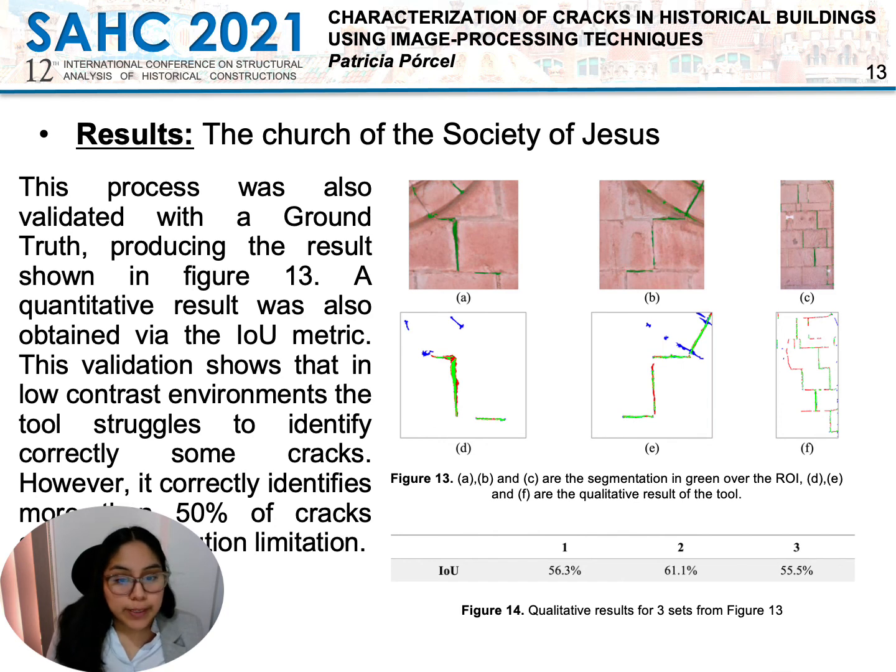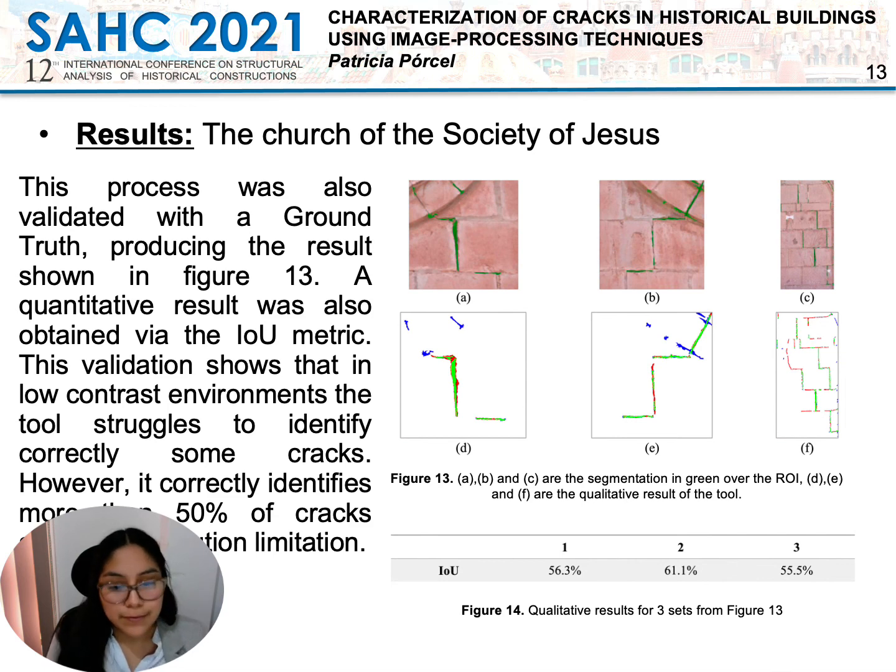This process was also validated with a ground truth, producing the result that we see in figure 13. We can see in figure 13 D, E, and F that the blue parts are the false positives and the red parts are the false negatives. The green parts are the parts where the crack was detected correctly. So we can see also the qualitative results in figure 14 that correlate to each one of the samples.